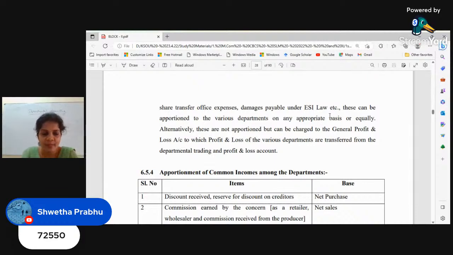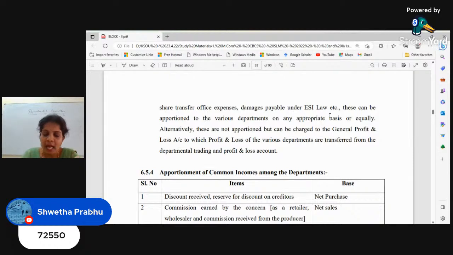If there is information on individual departments, it can be apportioned on any basis, it can be on net sales, or it can be equally apportioned if the information is not given. But if no information is given and it cannot be apportioned, then it can be directly charged to the general profit and loss account.